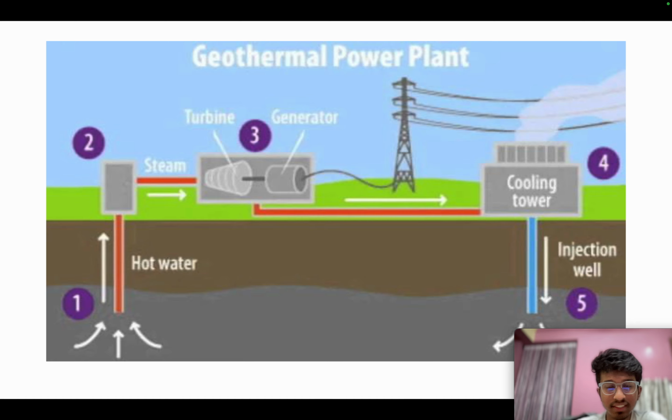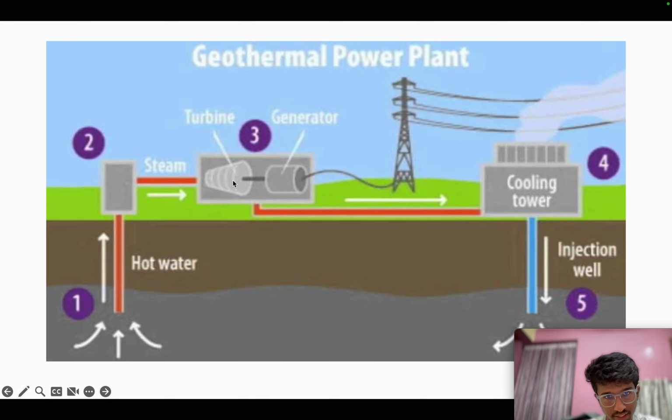So in this picture representation, we can see how it works. The water is sent down, and the hot water from the ground, after getting heated by the earth's natural heat, is sent back up, where the steam is used to rotate the turbines.